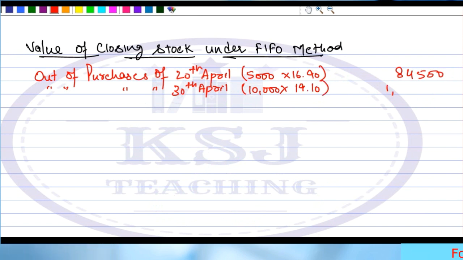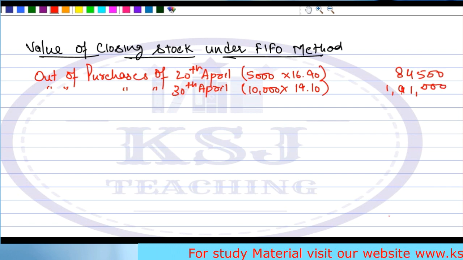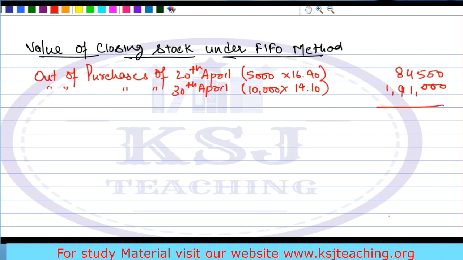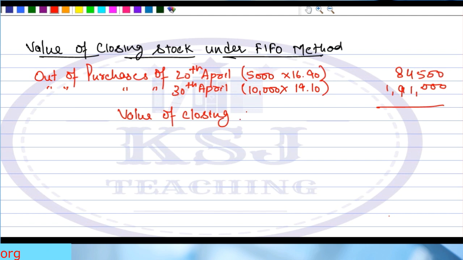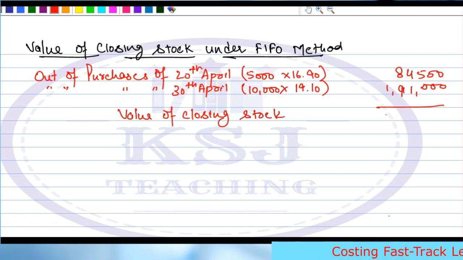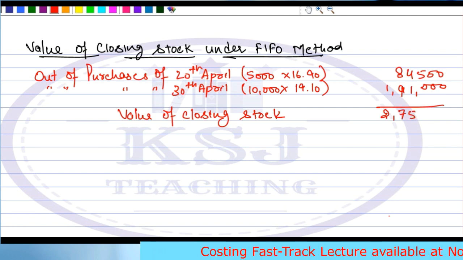That means 1,91,000. Right? So the total value of closing stock is 2,75,500.